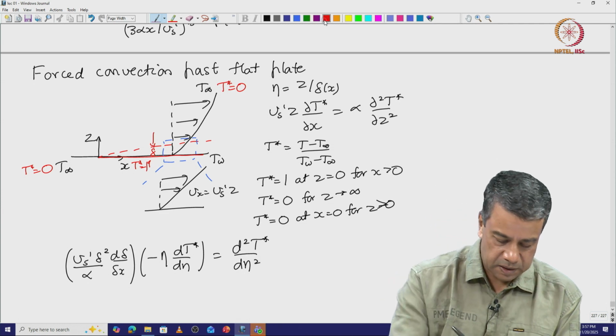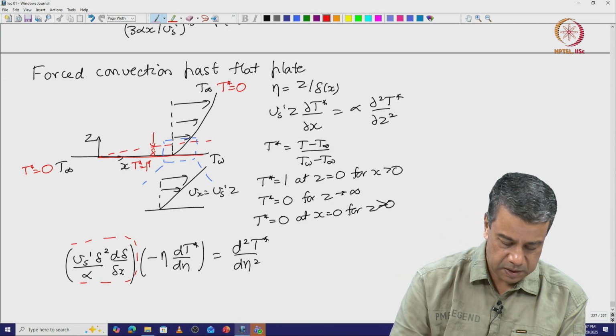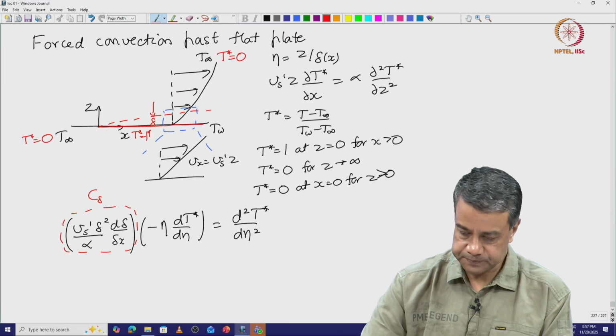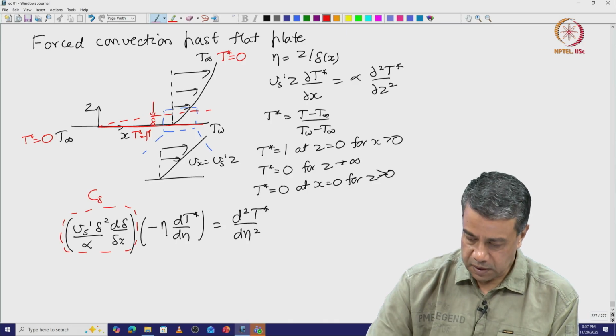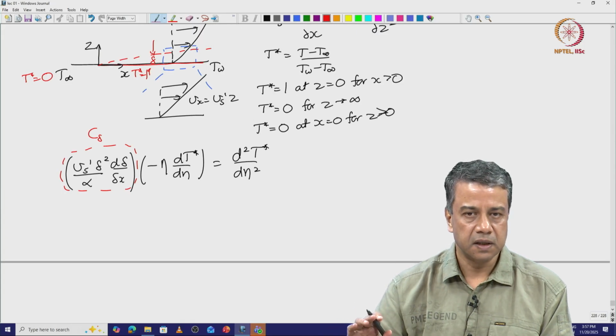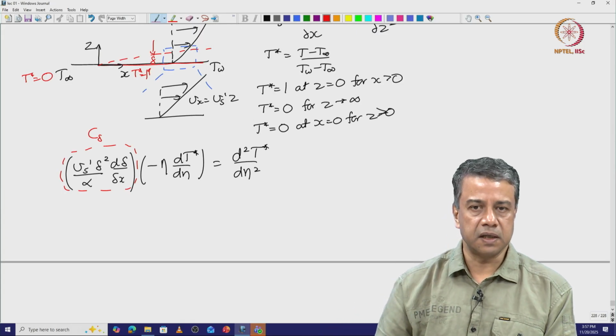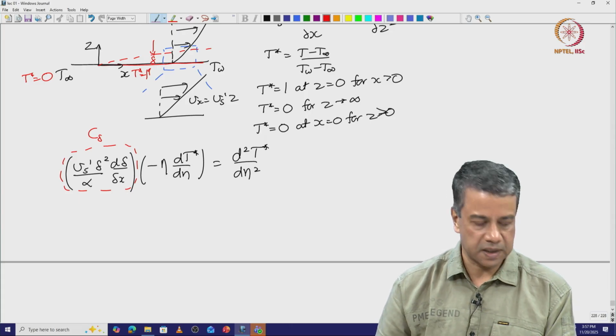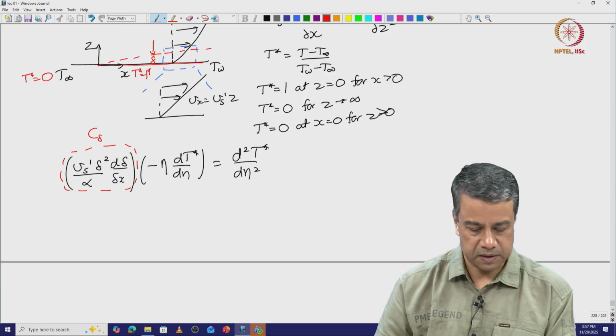We had set this equal to a constant C delta in order to get a similarity solution. Turns out that you can set C delta to any value, it does not matter. I showed you that the temperature field in terms of the similarity variable eta does depend upon C delta. In terms of the original variables x and z, this will not depend upon C delta.